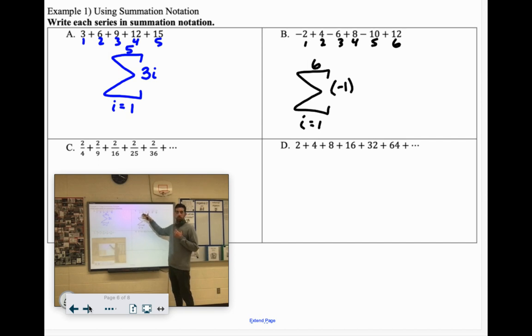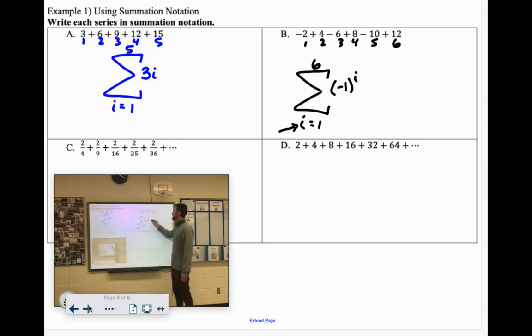Now if it starts off negative, you could just write to the n power. But we're using the variable i on this one. Again, if you wanted to put n equals 1 down there, that's fine. Just keep it consistent, it doesn't matter. So we'll say -1 to the i power. Okay, so that'll handle the alternating.